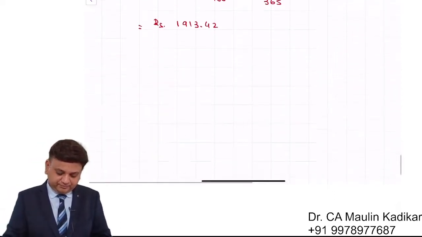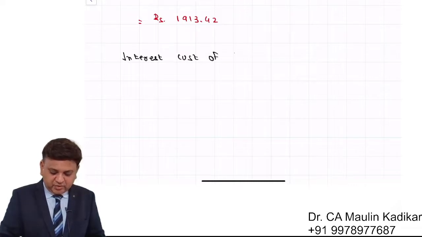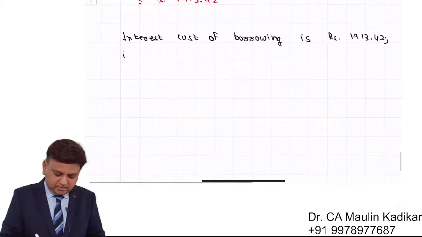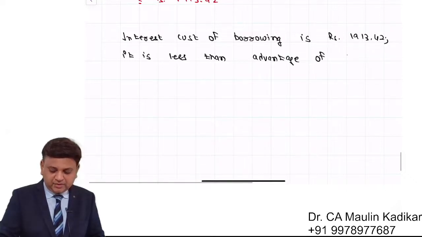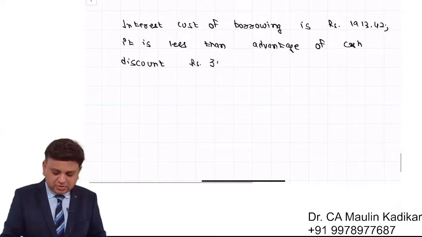With paragraph write down, interest cost of borrowing is rupees 1913.42, comma, it is less than advantage of cash discount rupees 3000.